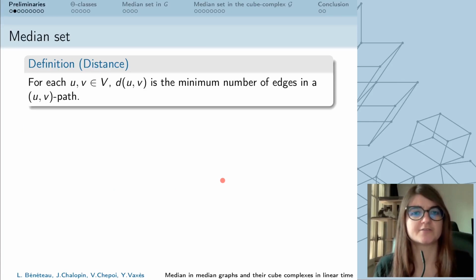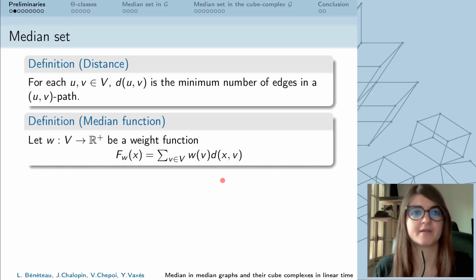So we work with the graph metric: given two vertices u and v, the distance between u and v is the number of edges in a shortest path between u and v. And given a weight function on the vertices, the median function at a vertex x is the weighted sum of the distances between x and all of the vertices in the graph.